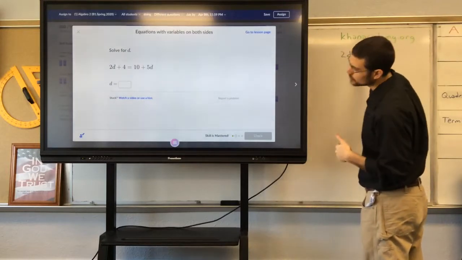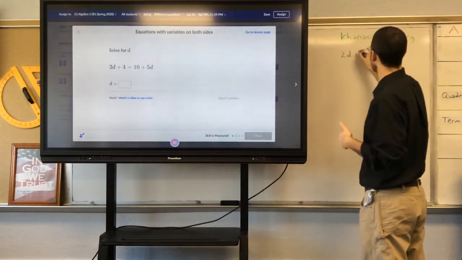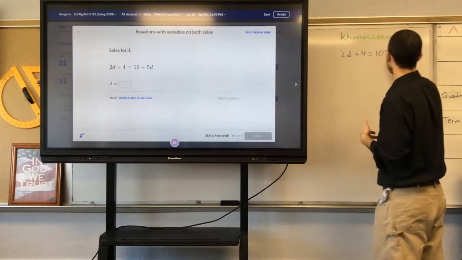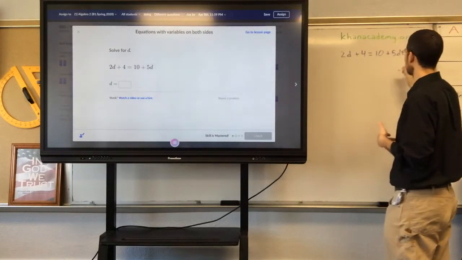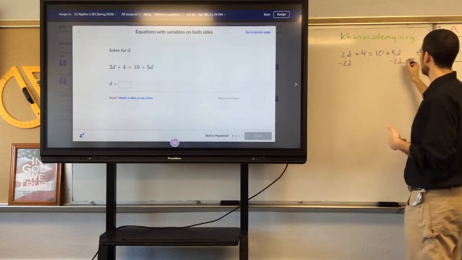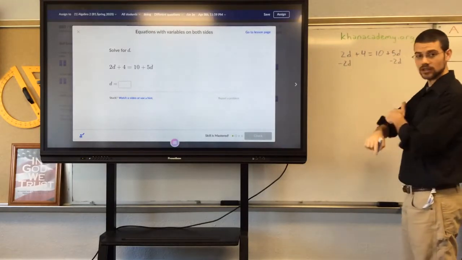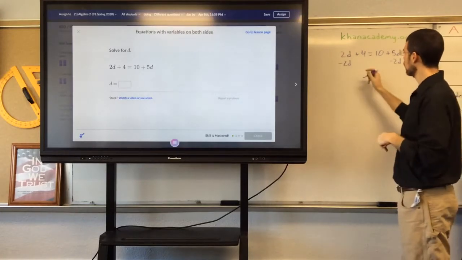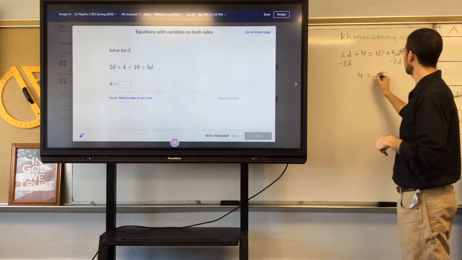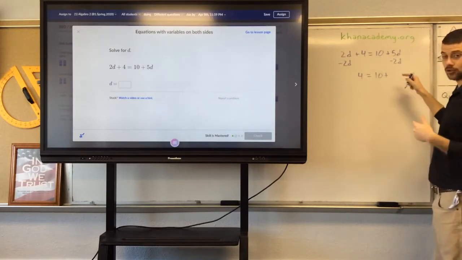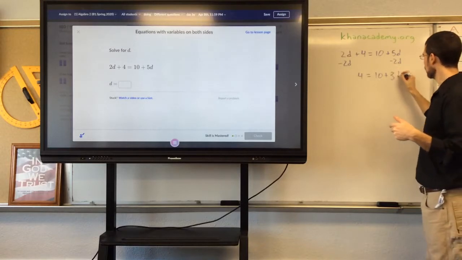It'll look like this. 2d plus 4 equals 10 plus 5d. That's what I start with. I'm going to subtract 2d from both sides of the equation. 2d minus 2d is 0. That was the point. I don't want d's on the left side now. I only have 4 left. 10 plus 5d minus 2d is 3d.